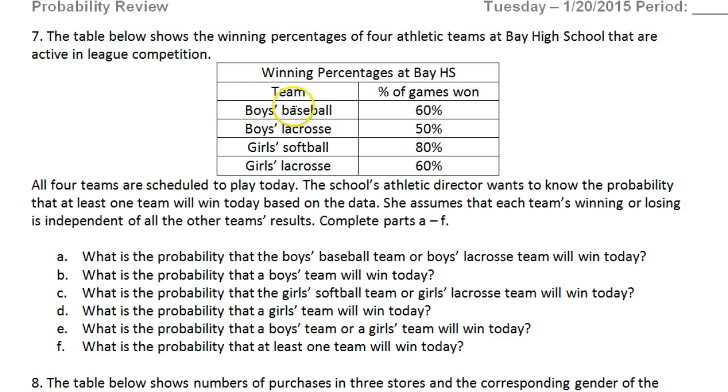So we'll call boys baseball winning event A. Boys lacrosse will be event B. Girls softball event C. Girls lacrosse winning will be event D. So what we're trying to find is the probability of A or B, baseball or lacrosse.